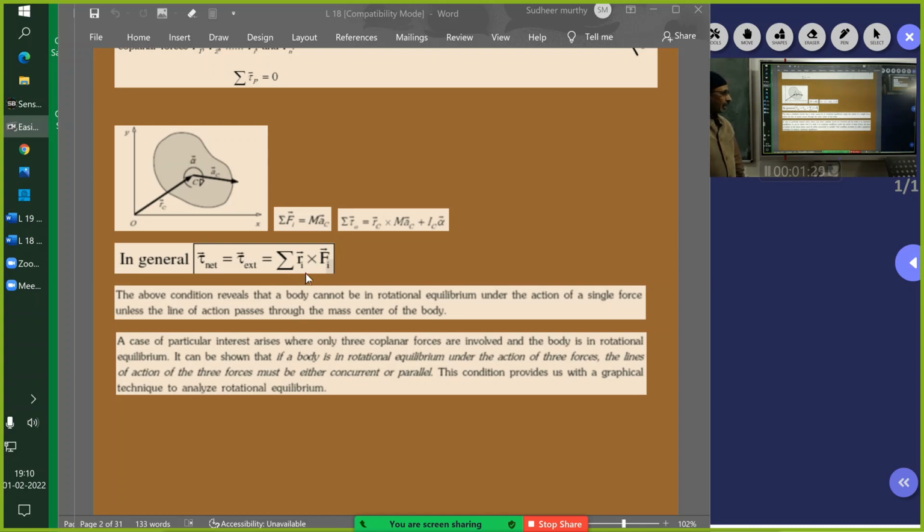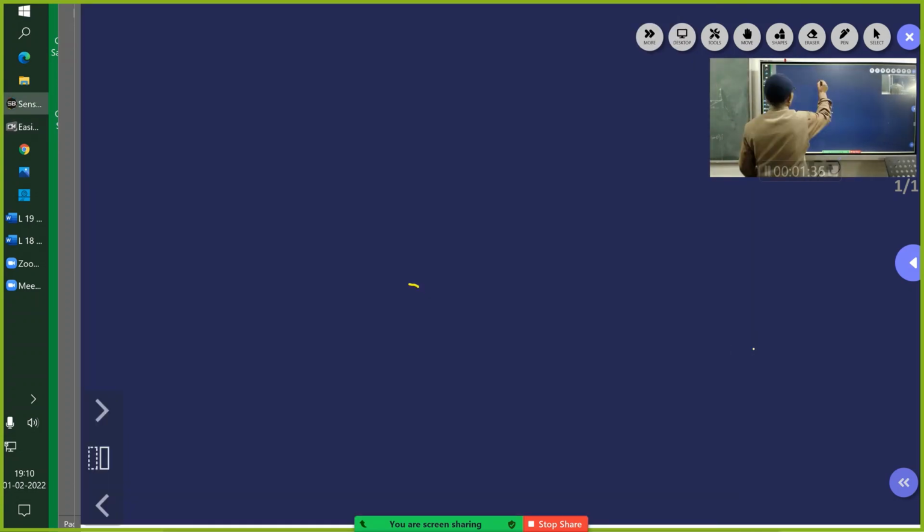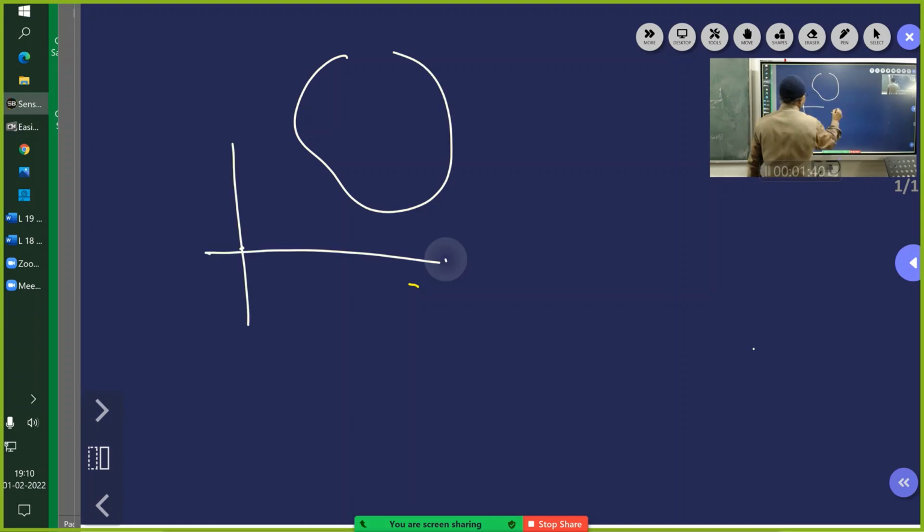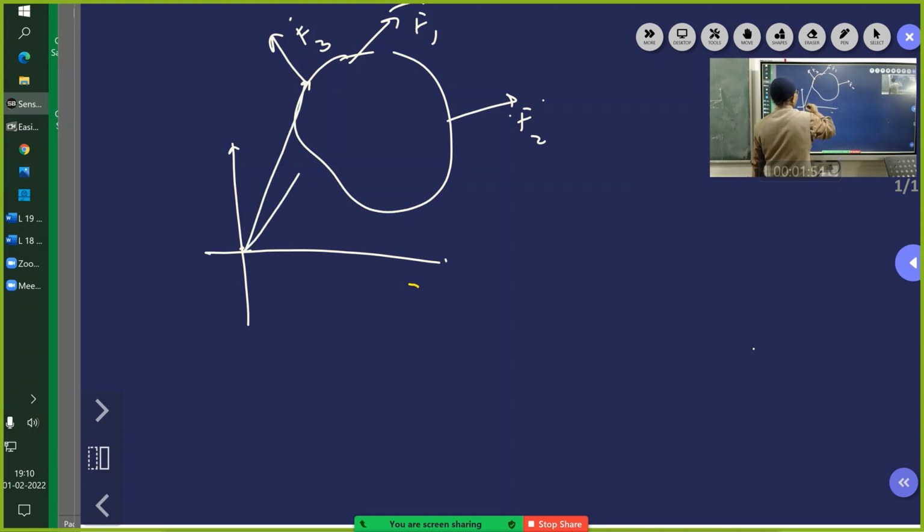Let us try to elaborate this equation, Ri Fi bar. That means now you have this body and you have the reference point here. At this point the force is F1 bar, at this point the force is F2 bar, at this point the force is F3 bar, and so on. So you reference these points from here.